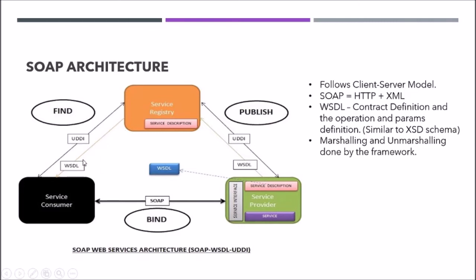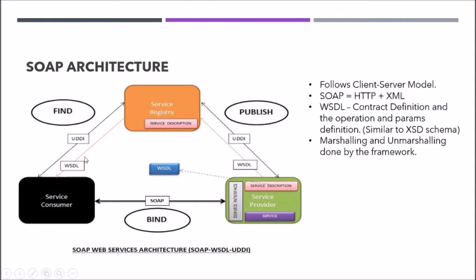Using the WSDL, the client consumer will generate the stub. Stub is nothing but the basic structure of your service, which is running in the server. Using the stub, the client will call the service and get the synchronous response for that service.